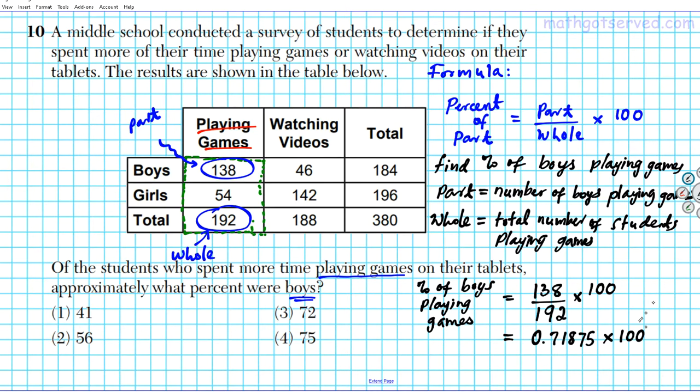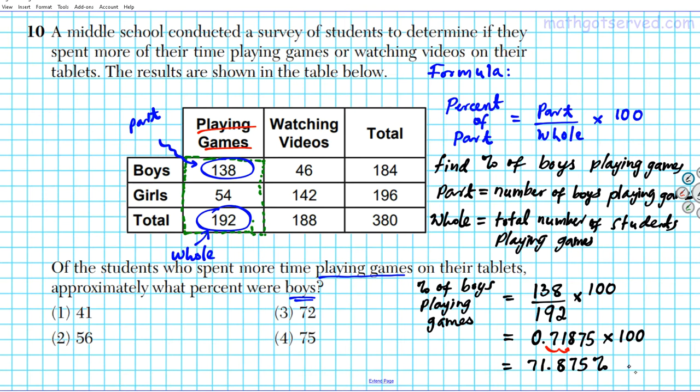Since there are 2 zeros in the 100, this multiplication will move the decimal point 2 places to the right. When we carry out that multiplication, you can do that with your calculator too. You're going to have 71.875%. This is the percent of boys that are playing games.